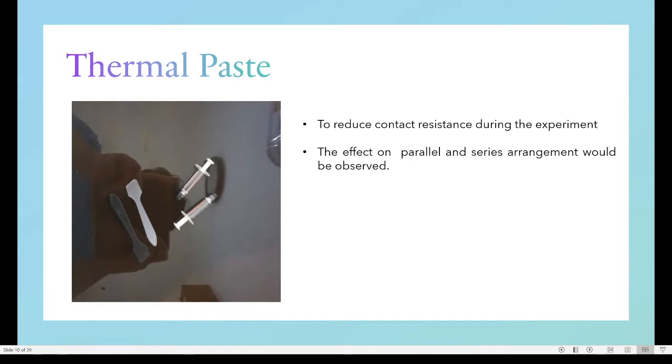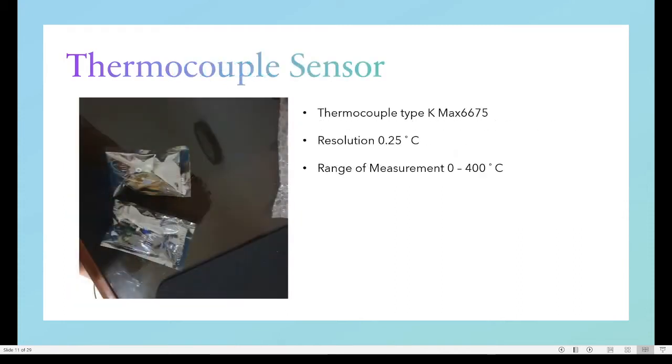The next material that is used is a thermal paste, which is used to reduce the effect of contact resistance. As mentioned before, the effect of it will be observed on parallel and series arrangement. The sensor used for the temperature measurement is a type K MAX6675 thermocouple with 0.25 Celsius resolution and 0 to 400 Celsius range.